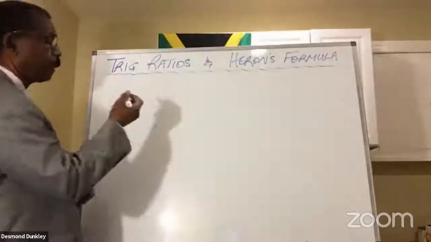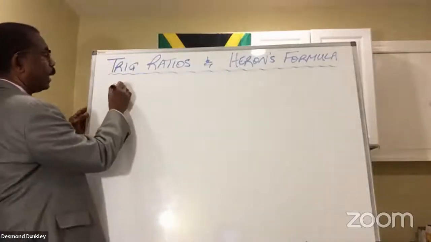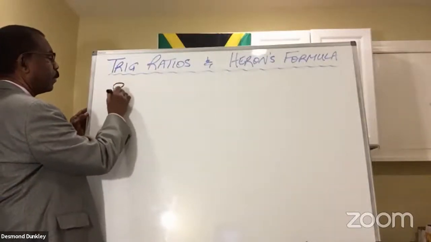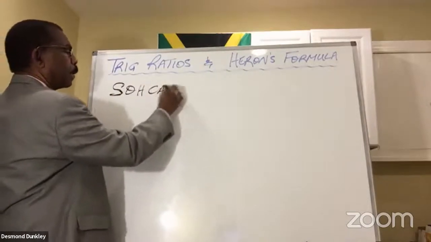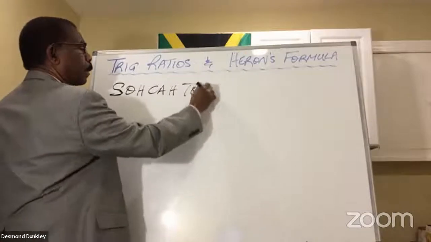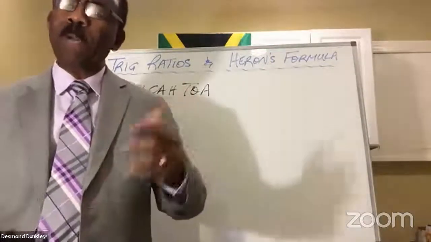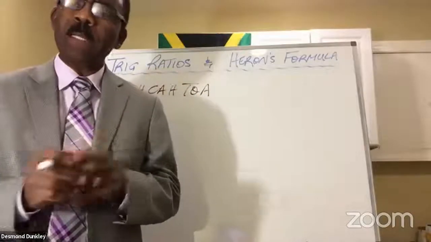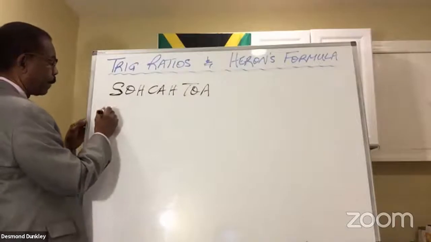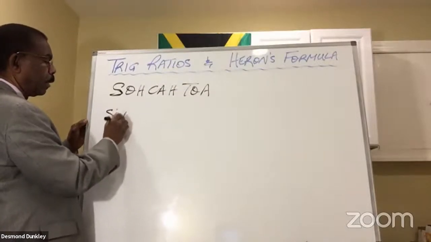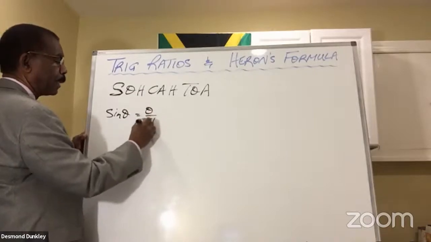Okay, first things first, I just want to remind us of the trig functions. You could use SOHCAHTOA as a simple way of remembering the different trigonometric ratios. So we have, for example, sine of theta is equal to opposite over hypotenuse.